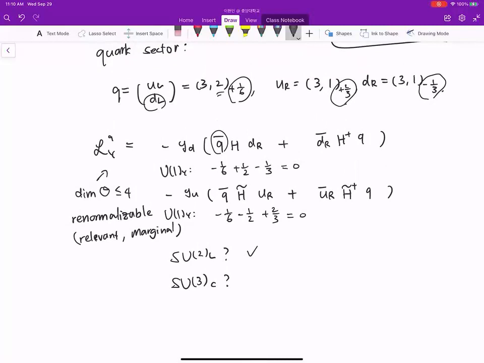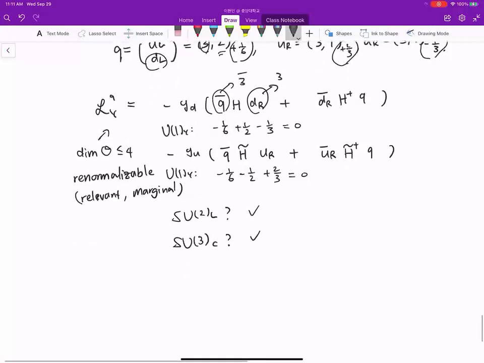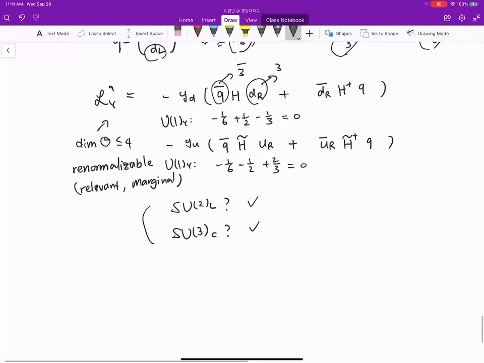Then Q-bar is a 3-bar, if you take the conjugate, and u_R, d_R is a 3. So 3-bar times 3 is SU(3) invariant. So this is also okay.